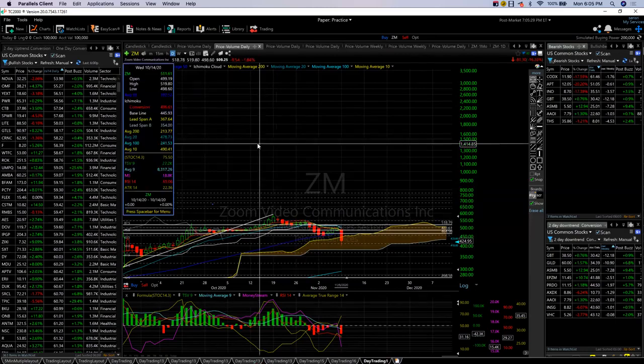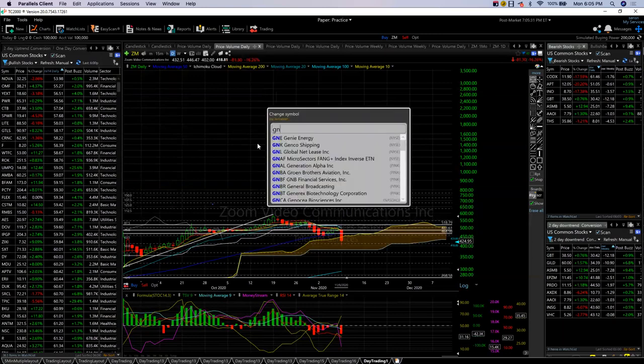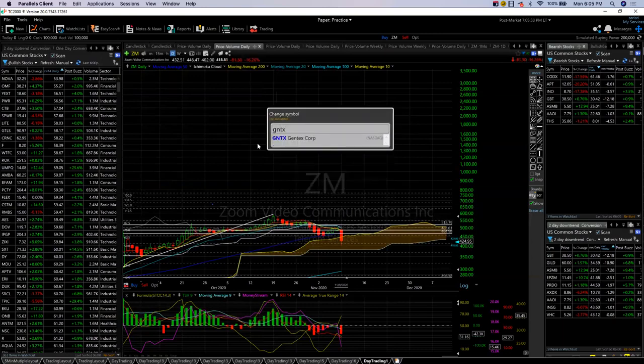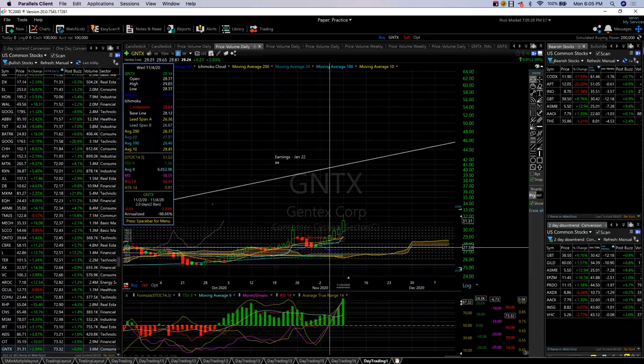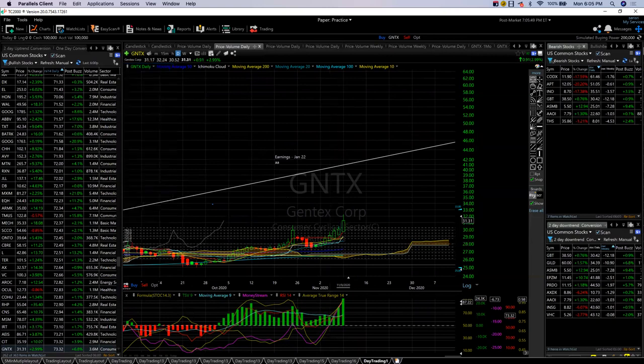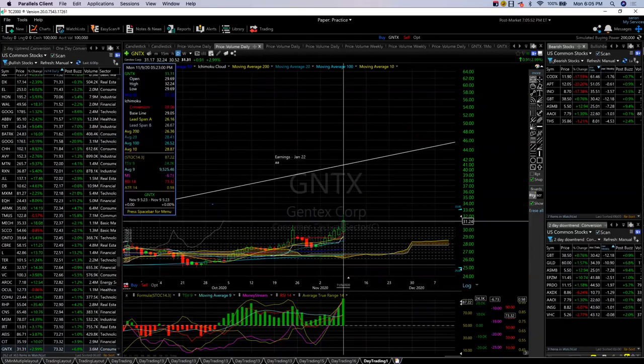Oh, I wanted to show one of the picks in our list. One thing that worked today is Gentex. This is where we bought it, 1, 2, 3. You see, this was the day when we bought that, I believe, on the third day, and it was at 28.37. From here, it picked up to 32.24.